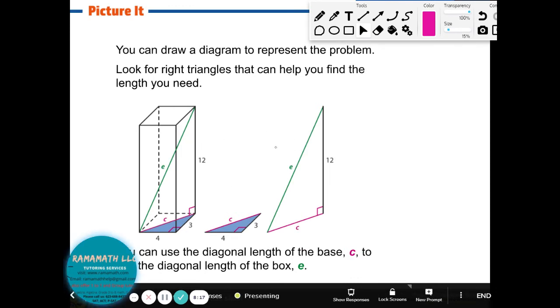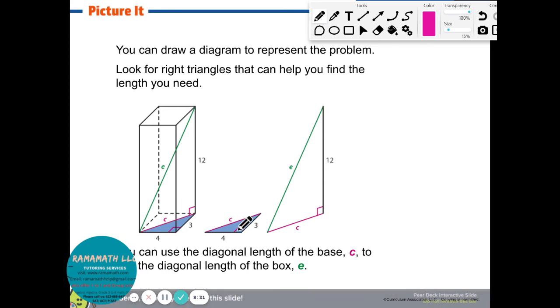Okay, so last one, we applied the Pythagorean theorem 2 times. One is for the smaller, the bottom one, and the other one is the bigger one. So this is one triangle and this is also another triangle. But I'm going to show you guys a quick way of completing this question just to get the answer faster.